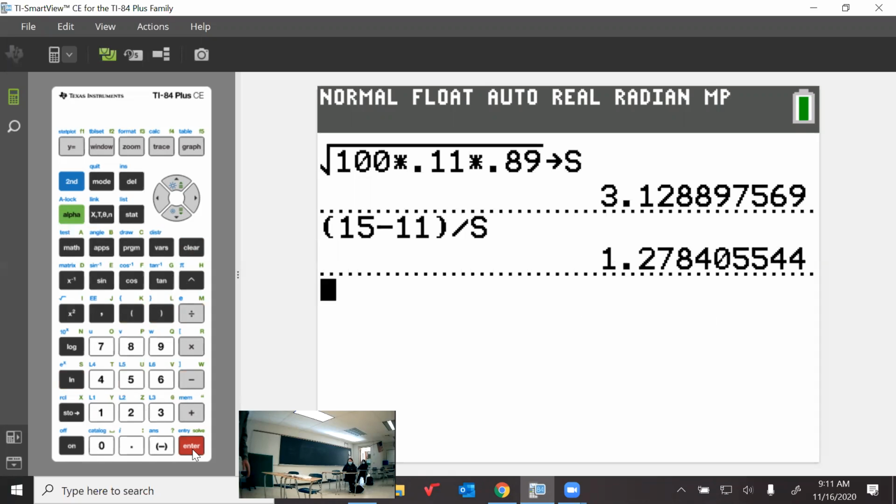So your z-score is 1.27. So if we have this 1.27, we could draw the picture in the normal distribution. Make sense?